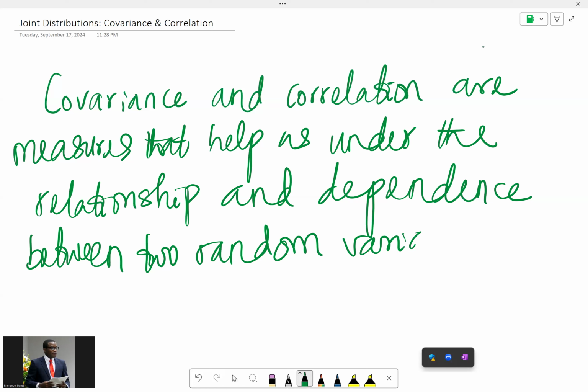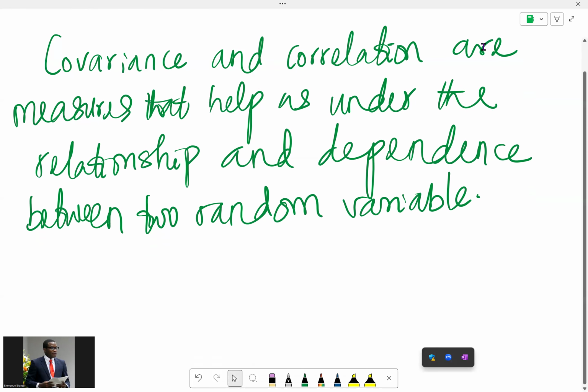As we talk about joint probability distribution, we have at least two random variables, and it is important to see the kind of connection that happens between the two random variables and how one depends on the other. And that is the essence of covariance and correlation.